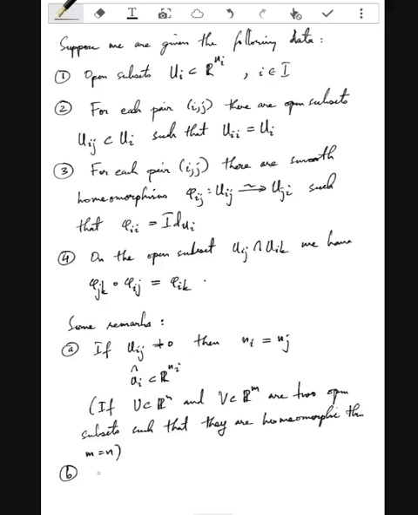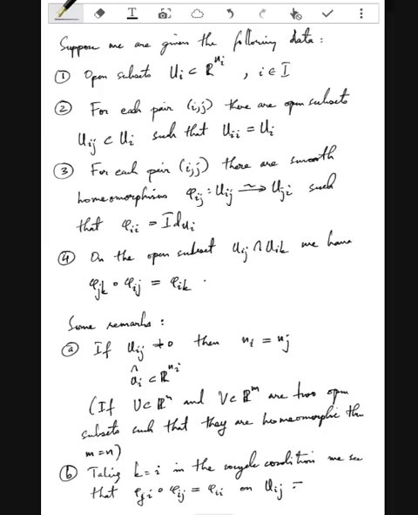Next remark: taking k equal to i in the cocycle condition, we see that phi_ji composed with phi_ij is equal to phi_ii on U_ij.